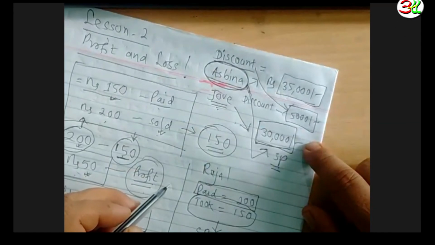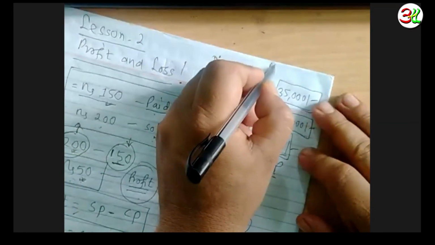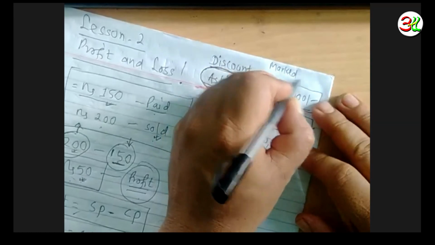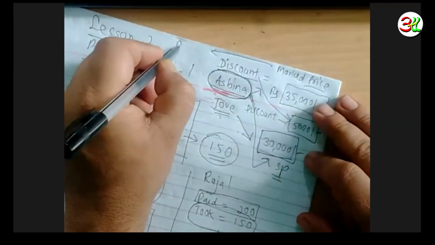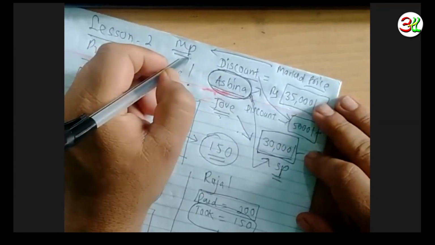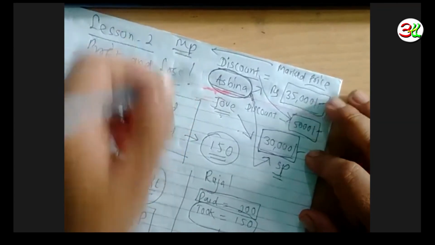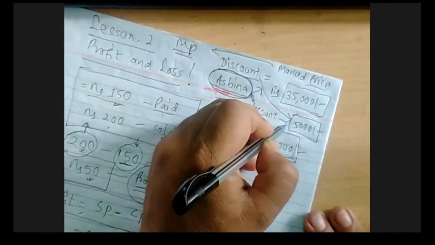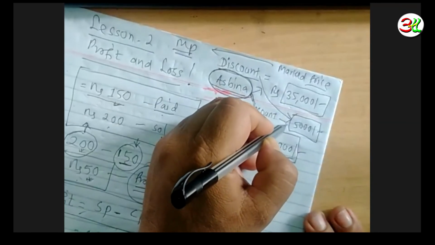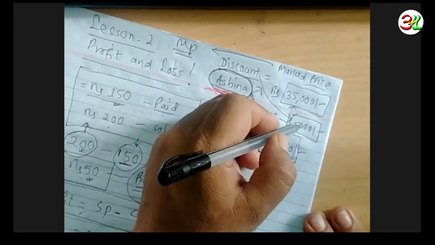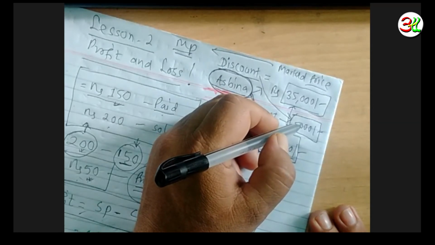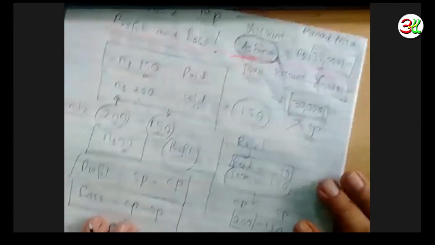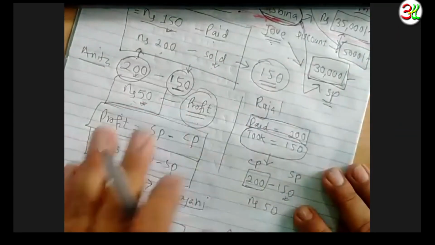So what should this amount 35,000 be called? Marked price, M-A-R-K-E-D. In short, we say MP. Discount is given from marked price. Is it clear? If there is no marked price, no discount.